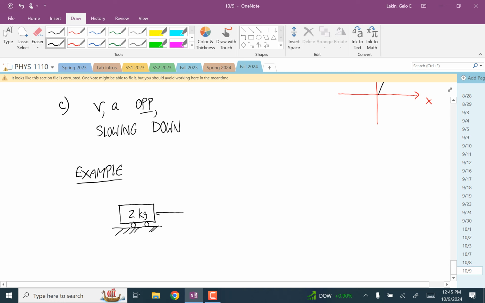And let's say we have a force of 6 newtons there and a force of 4 newtons there. Calculate the acceleration vector and calculate the force vector from the floor.